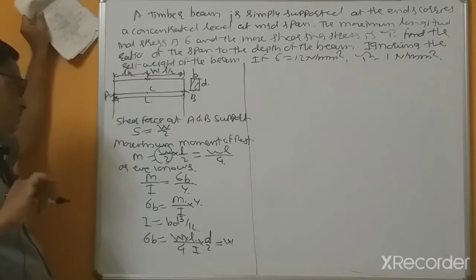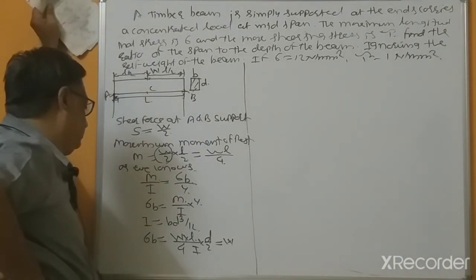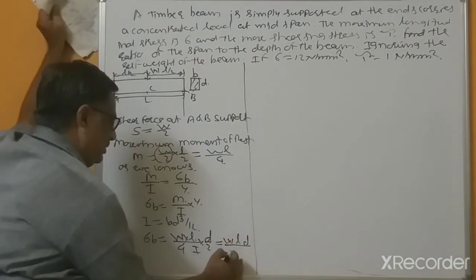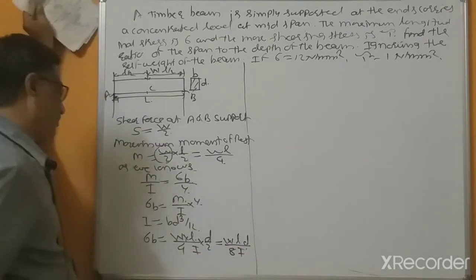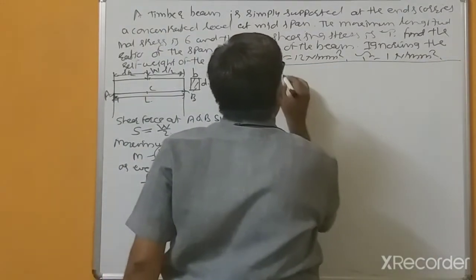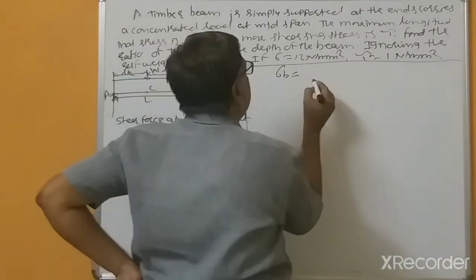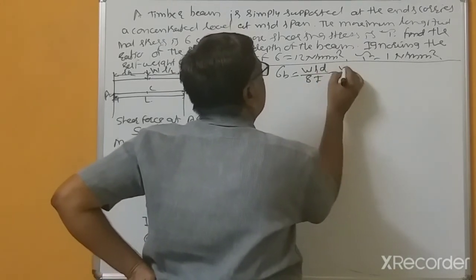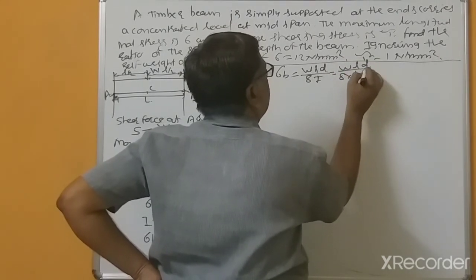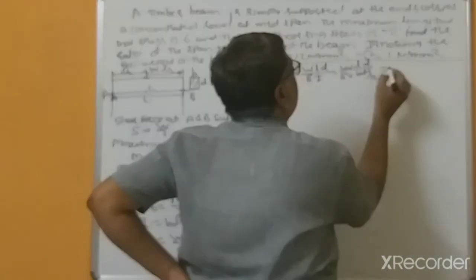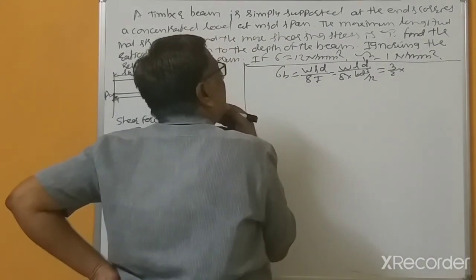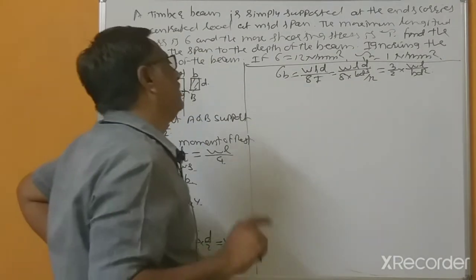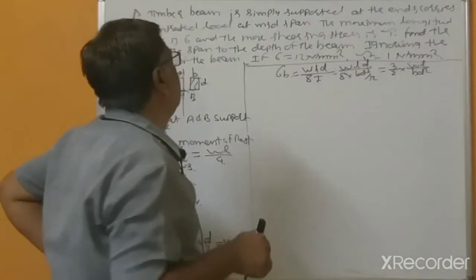Anything I am missing? All right. So WLD divided by 8I, or sigma B equal to WLD divided by 8I, so this is equal to 3/2 times W L divided by BD square. That is correct.